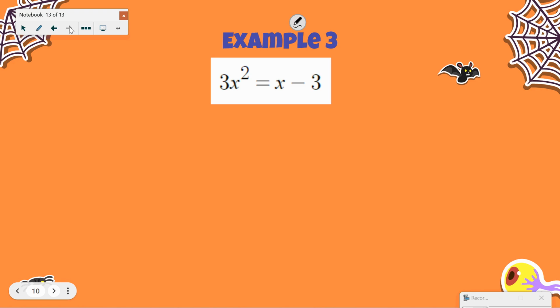What have we been talking about, before we start using the quadratic formula, what is one thing we need to make sure about? Make it equal to 0. So are we equal to 0 here? No. What are some thoughts? How can we make it equal to 0? Minus 5 plus 3. Good job.